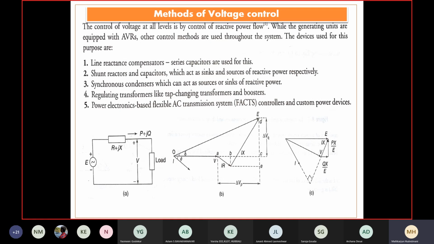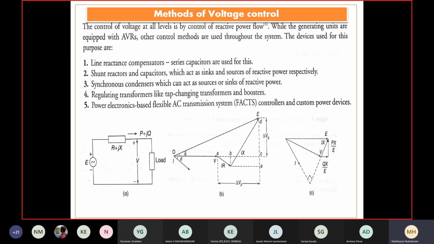That is the reason we have to learn the different methods to work on that, on a voltage basis or on a reactive power injection basis only. On the voltage control basis, the following are the few methods identified. One is the line reactance compensator. We have seen the transmission line being very inductive in nature.